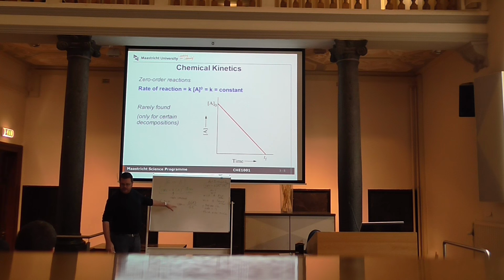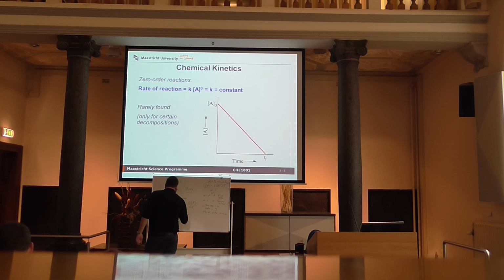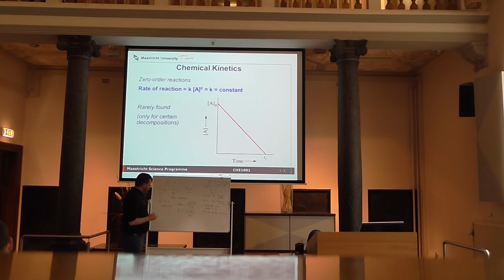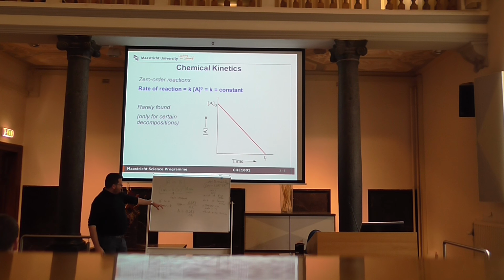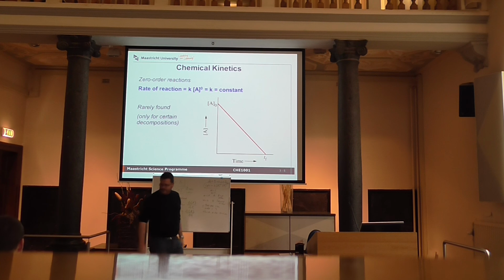That's the original definition we had. And we've just seen if the reaction order is 0, what does this reduce to? K equals delta A over delta T. And that is, per definition, the gradient. So at all points in the reaction, you must get K. It can only be that if you have a straight line.